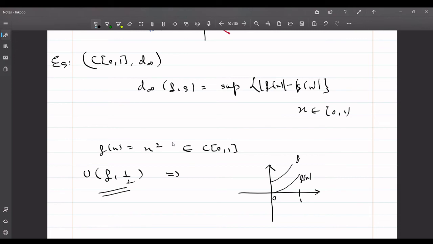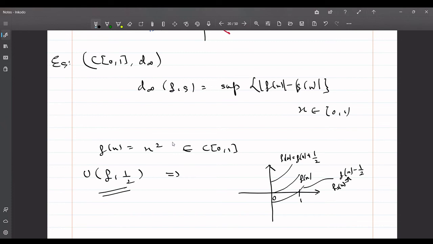This is f(x) plus half, and this is f(x) minus half. Let this be f1(x) and let this be f2(x). Will this form this open ball?